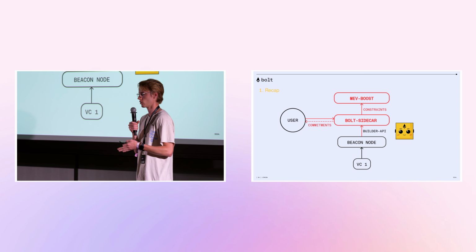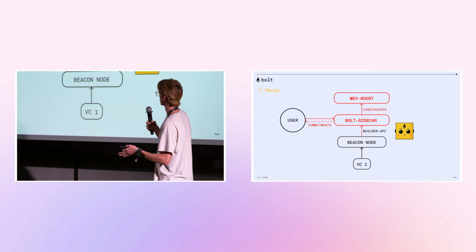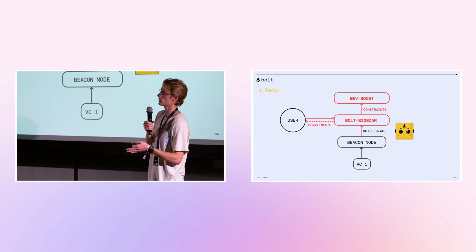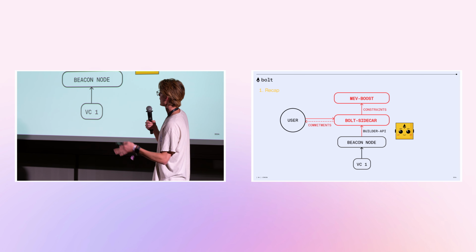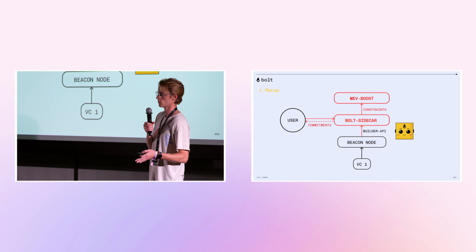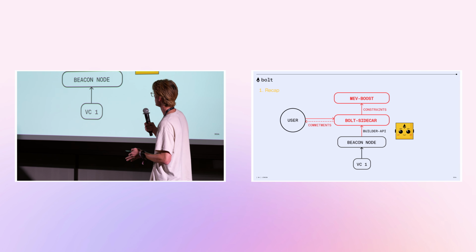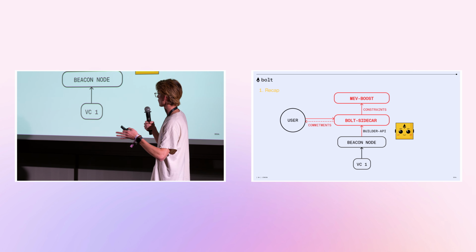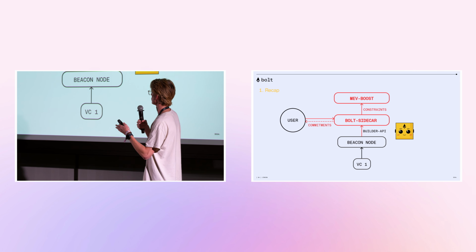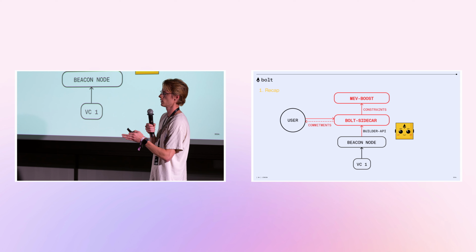Now, what this looks like from an off-chain perspective, very quickly, there's not a whole lot that changes. There's one added component, which we call the Bolt sidecar, that handles basically the meat of the protocol and accepts commitments from users and turns them into constraints.